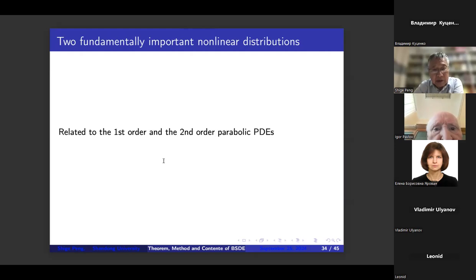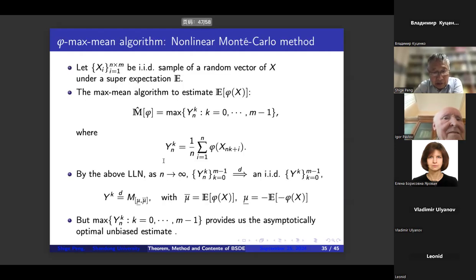And this is the case where we do the estimation: how to get this sublinear expectation.